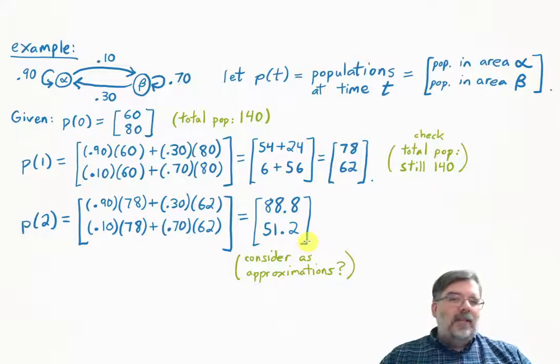And if this is like a number of creatures of some sort, we should consider this as an approximation. This doesn't mean to say that 8/10 of a creature migrated from one area to another. That doesn't make sense. So we'll think of this as an approximation, which we could round to get an answer if we wanted to know the population in time 2.